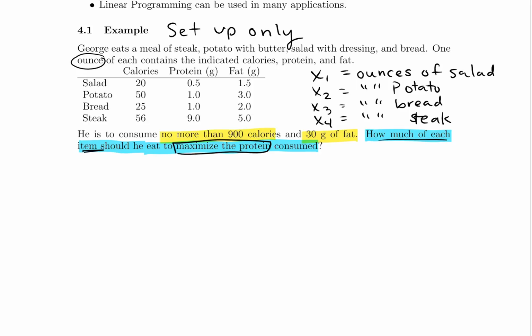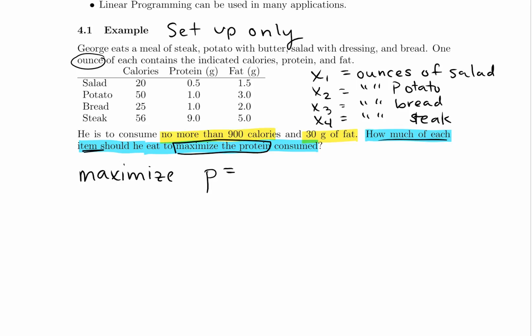Now, let's go ahead and come up with our objective function. So we want to maximize, and since this is protein, I'm going to go ahead and use P. So maximize protein, and we want an equation that describes how much protein we have in one meal.